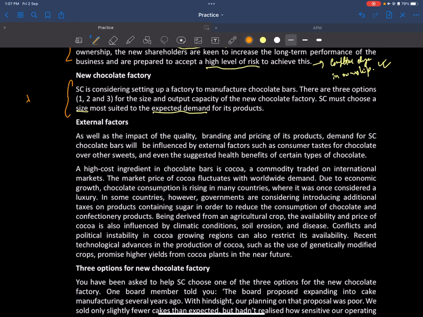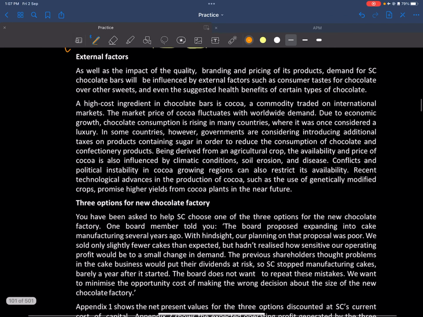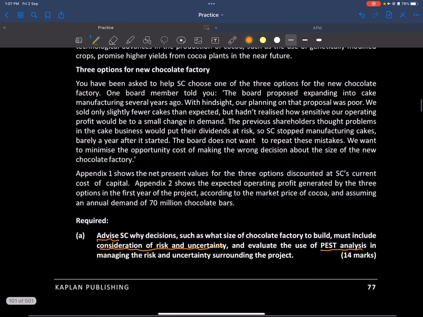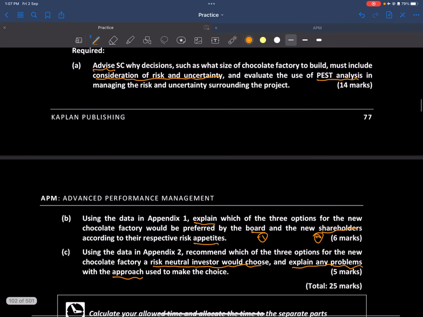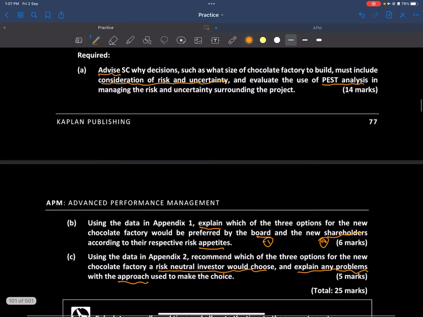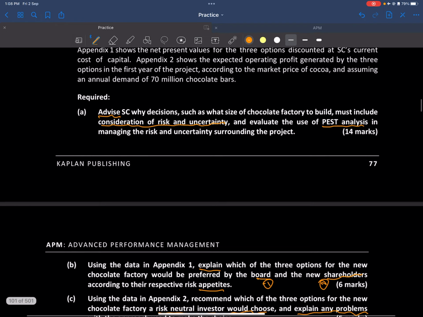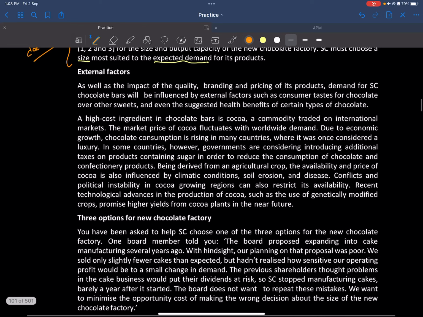So that's the decision that they need to make. The first requirement is what size of factory, right? And the second requirement, among the three options which will be preferred? Okay, that's more of another thing that we need to consider.